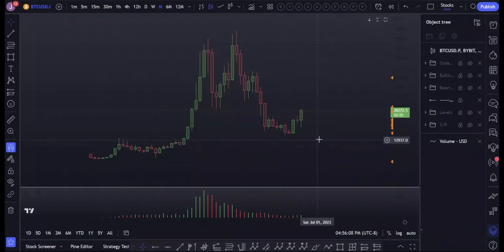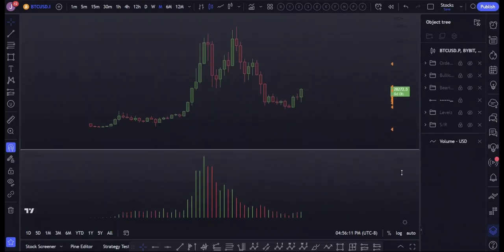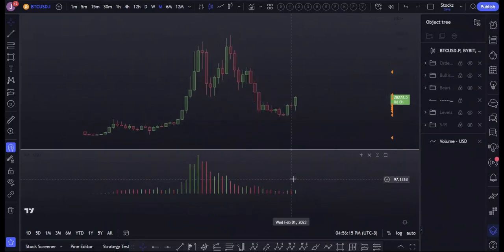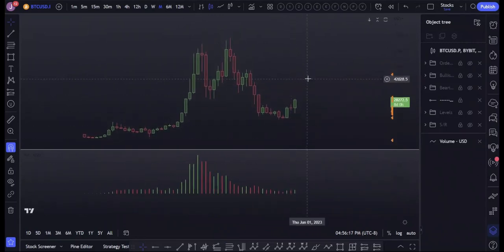So what we want to see when we're identifying the order blocks, let's move this up so that this zoom icon doesn't get in the way. What you want to see is, like in the example in the presentation, buyers getting aggressive at the high, that block, and then you want to see engulfing candles moving in the opposite direction.